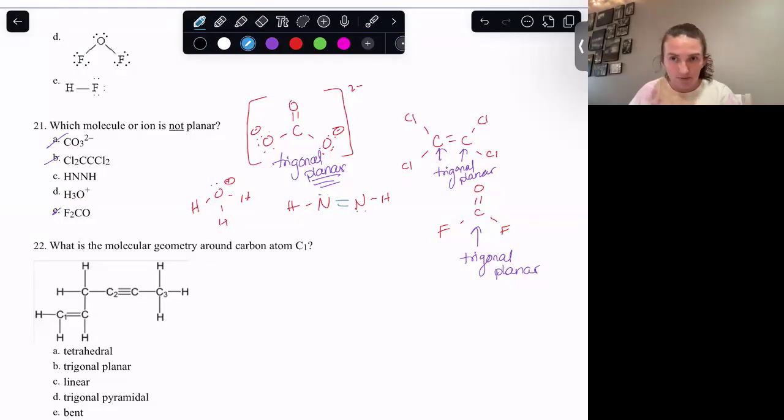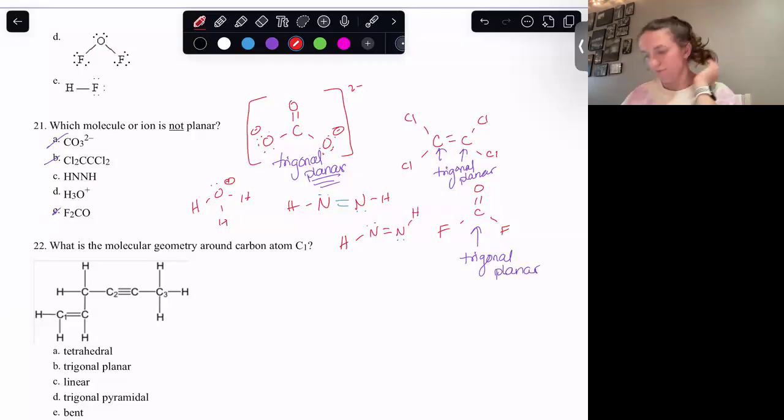This is that structure here, the HNNH. This one will look like this.